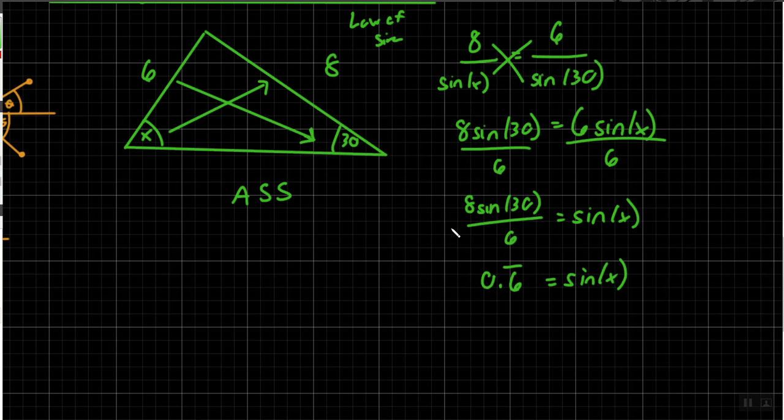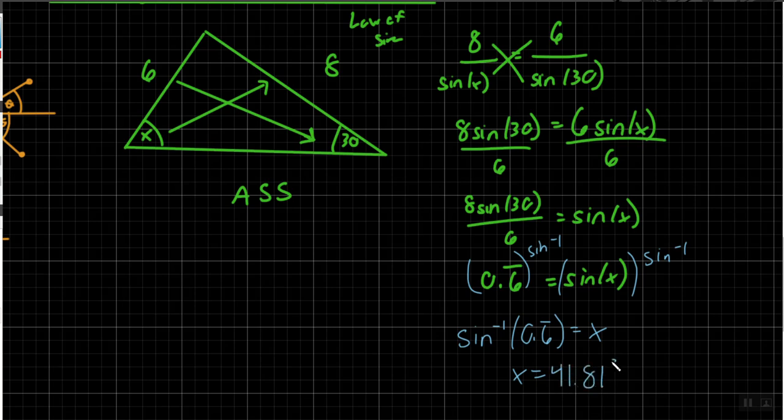Take the inverse on both sides, so I have sine inverse of 0.6 repeating equals x. And then Lily, what was x? 41.81 degrees.